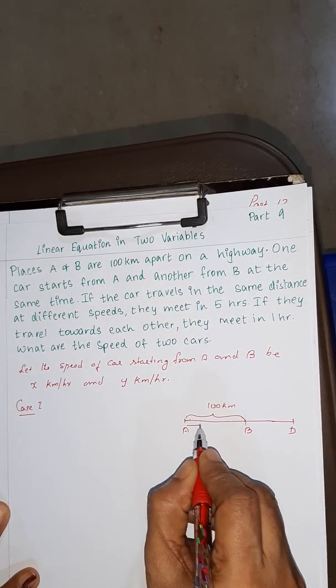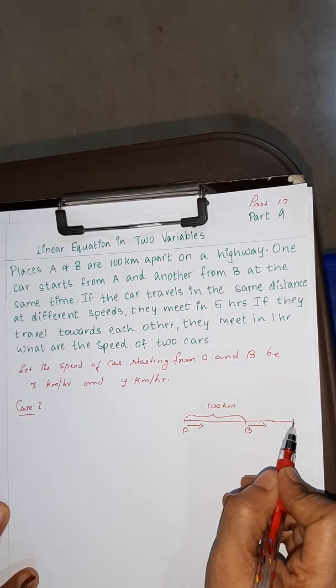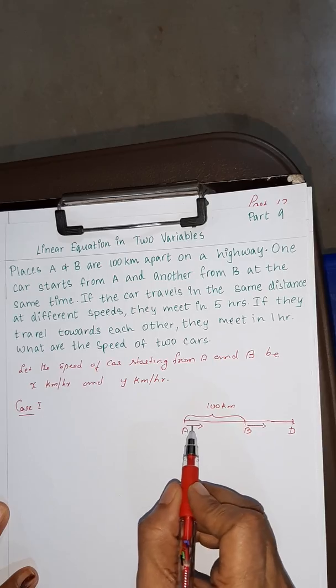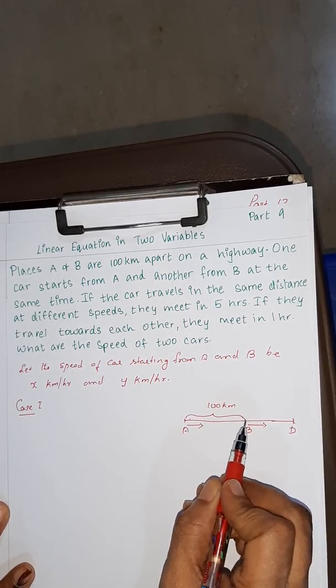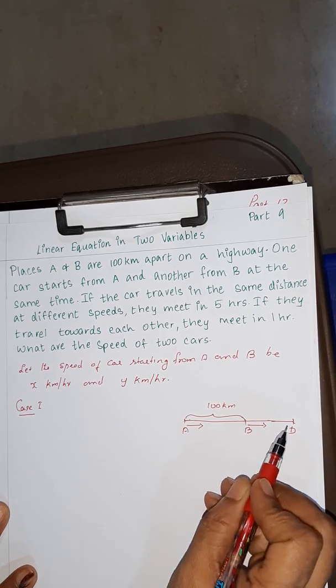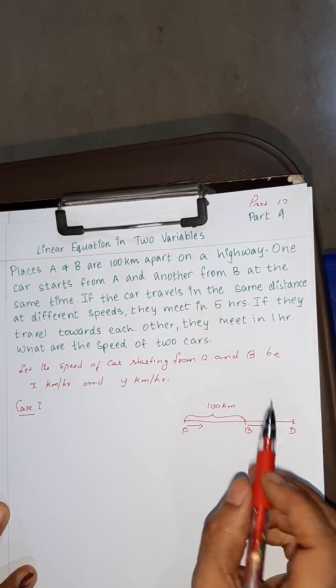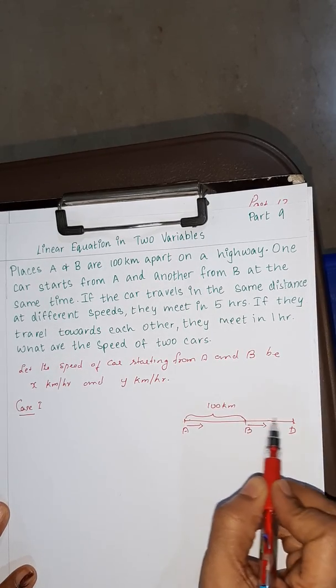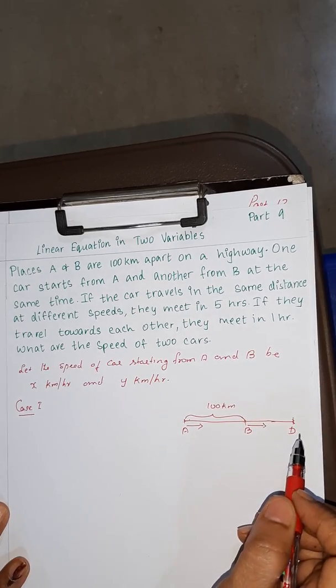So, this car is going like this, this car is also going like this, and they will be meeting at the point D. That means the speed of car A is much higher than the speed of car B starting from B, and they are meeting at the point D. They meet in 5 hours. So, for the car to reach from B to D is 5 hours, from A to D is also 5 hours.